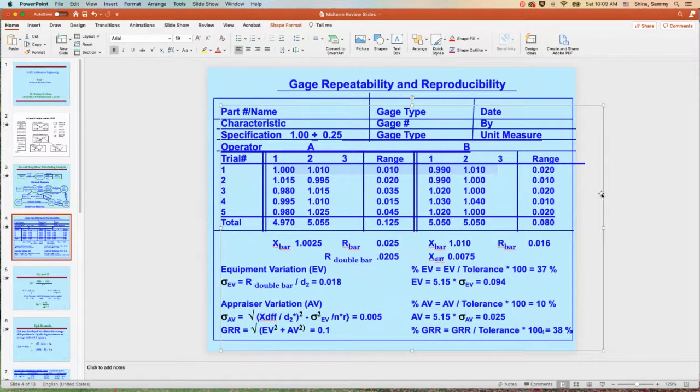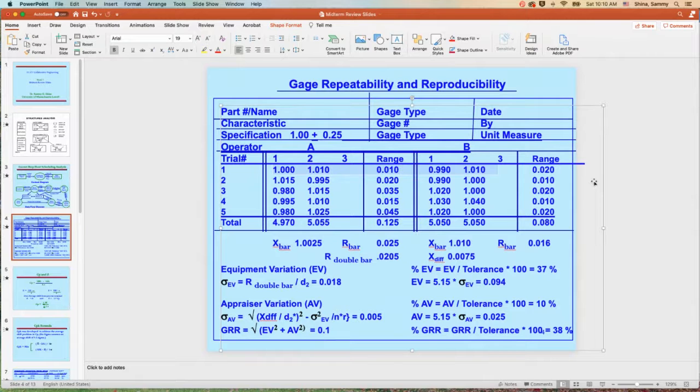So we create another column here at the end, which is the average of each part as they've been measured 4 times. So you have another column called part averages, which is all 5 parts with 5 averages. And then we take the X diff of that.